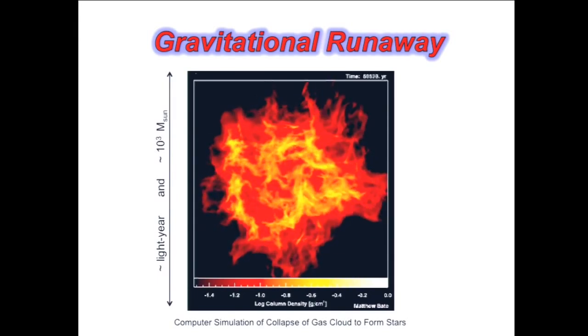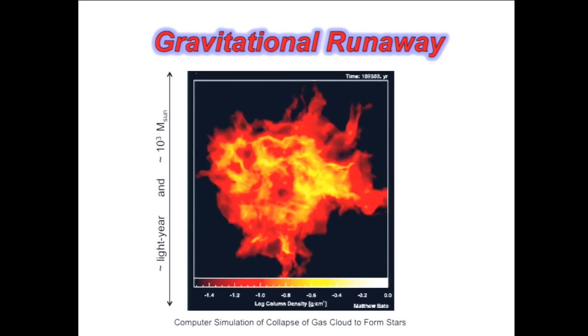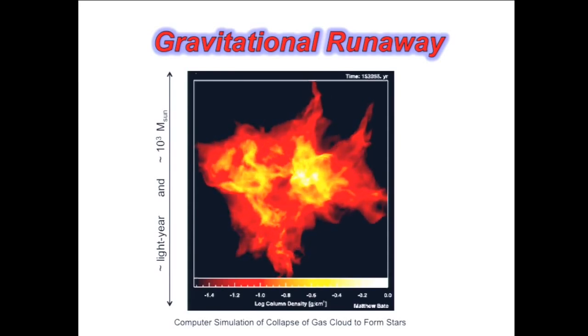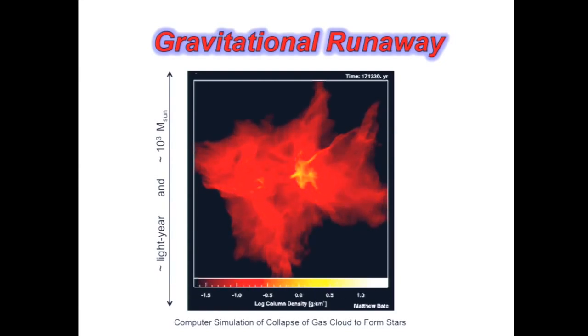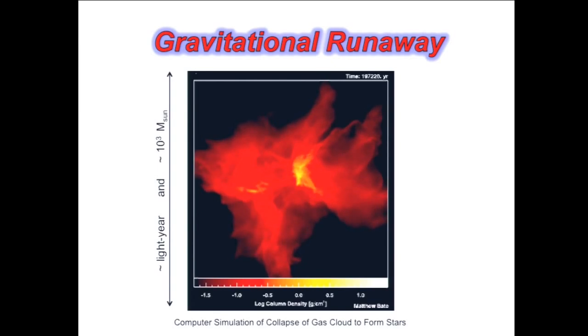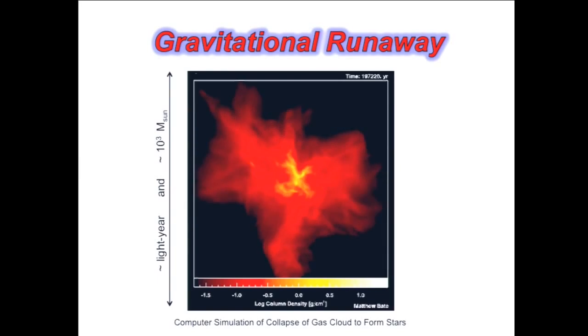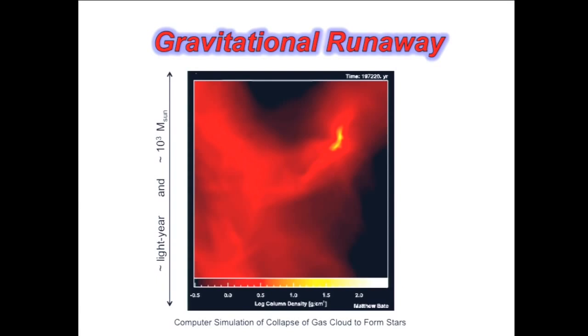Any other questions? Yep? If it says log column density, does that mean that a lot of these stars, one is way deeper than the next and they might not actually be as close as they look? Good question. The question is, what exactly is the color scale? And the question was also getting at that this is really a three-dimensional sphere-like thing, and what this image has done is basically collapse that three-dimensional thing into just a two-dimensional image.